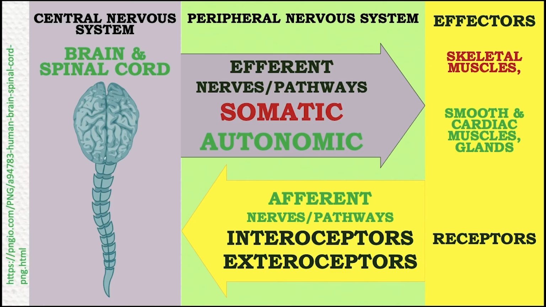We have internal receptors, which are inside or part of the body, and we have the exteroceptors, which detect signals or stimuli from the outside of the body. So this is the basic diagram of the organization of the nervous system.